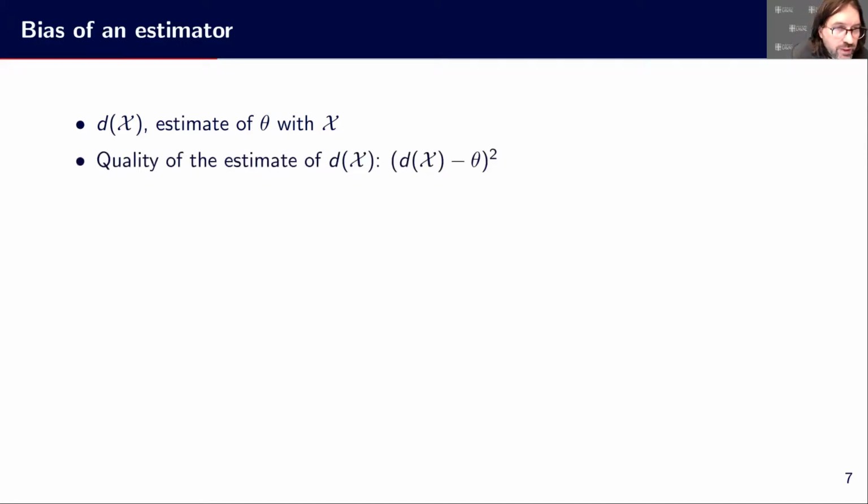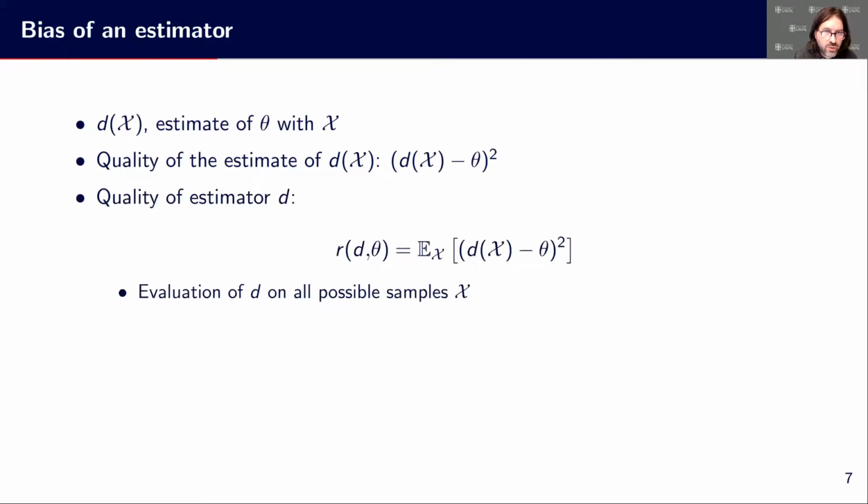Then we can get the quality of the estimate d by evaluating the squared difference between the estimate and the real value. If we know the real theta, and we are estimating it from the data set x, the quality is the square of this difference.